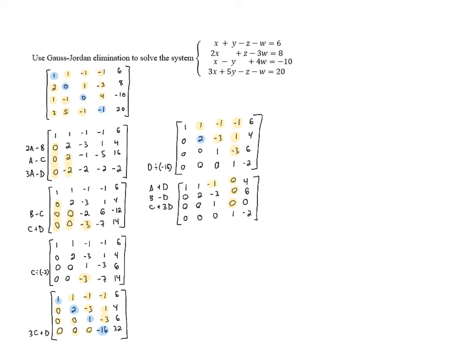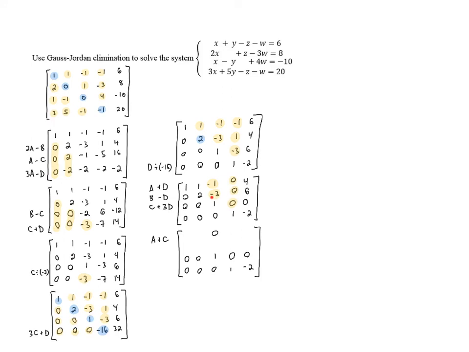Our next step is to get zeros above the next one in the next column over. So in this case, we're going to keep the last 2 rows just like they are. And we need to do row operations to get zeros up here. So to take this negative 1 and change it to a 0, we can do A plus C, because negative 1 plus 1 gives us the 0 that we need here.